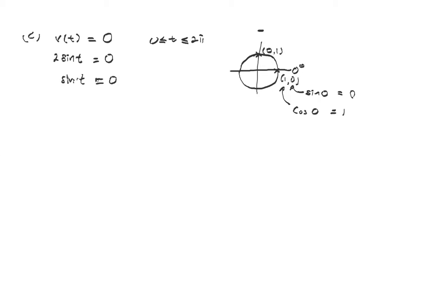The point 0, 1 has angle pi by 2. So this is how you interpret. You interpret that cos pi by 2 is 0. Sin pi by 2 is 1. Then you go on the rest. Negative 1, 0. 0, negative 1.